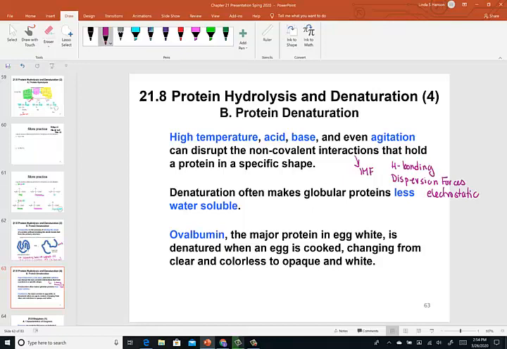If you've ever made a lemon meringue pie, I have not, but if you have seen it done, or have done it yourself, you know that by whipping egg whites with a whisk, they'll become stiff. You're denaturing the proteins, turning them from a clear, colorless to an opaque and white color. So they lose their translucent nature when they become denatured.